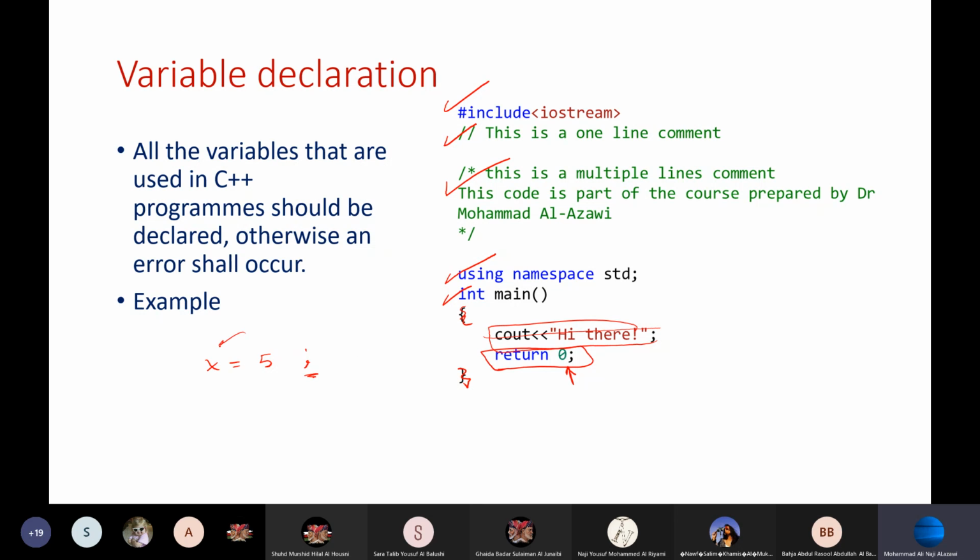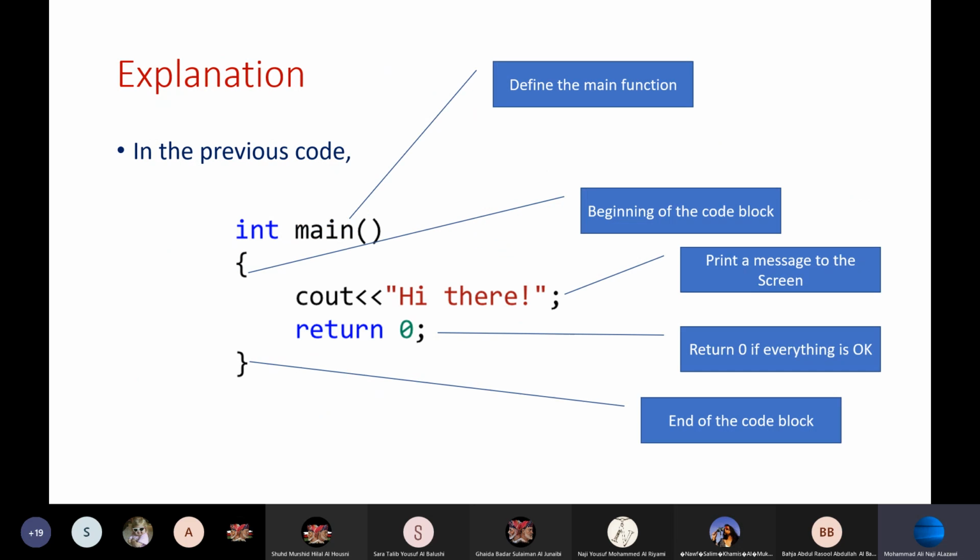Because x is undefined. So you have to define the type of x. You need to declare it. So for example, integer x equals 5. Of course, these types will be discussed soon. Or float x equals 5.5, or any other declaration. So any variable you are planning to use, you have to declare before using it.